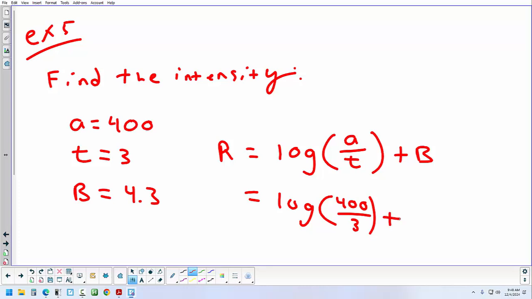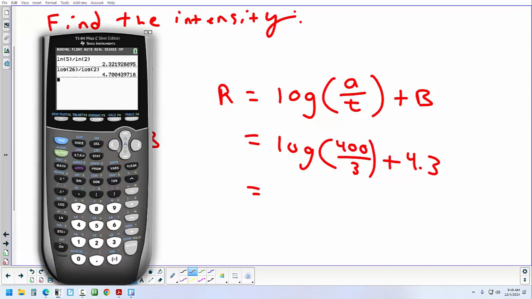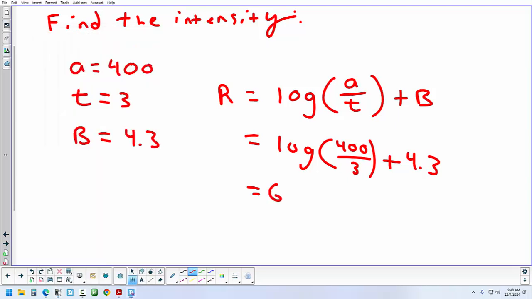And how much is B? 4.3. Okay, so let's see what we get. We don't want to round any of that till the very end, so just type it all in exactly the way you see it on the board. So log of 400 divided by 3 plus 4.3. Okay, so that would be a magnitude 6.4 earthquake. Magnitude 6.4.